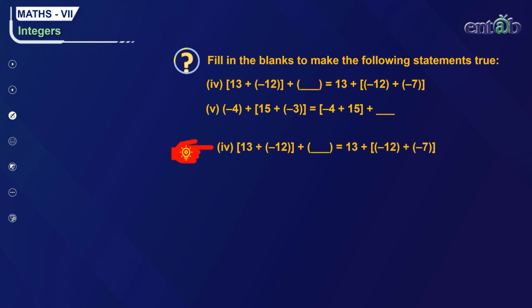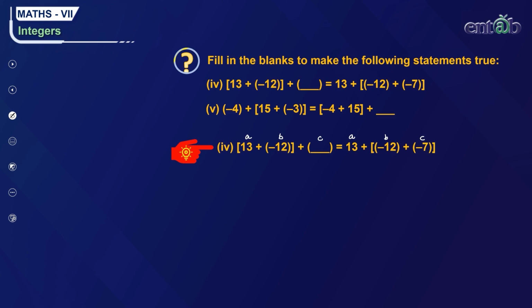Here, if I consider 13 as A, minus 12 as B and my blank as C, again 13 as A, B as minus 12 and C as minus 7, which property do you see satisfied here? Associative property of addition of integers, right?